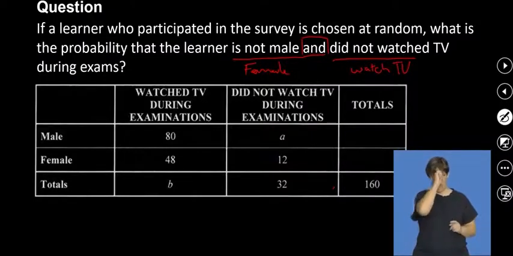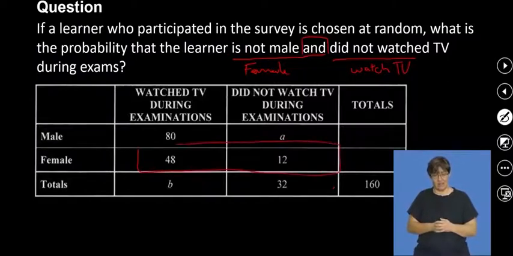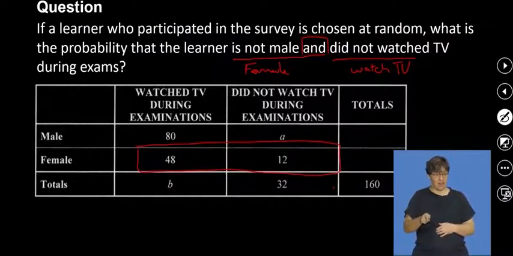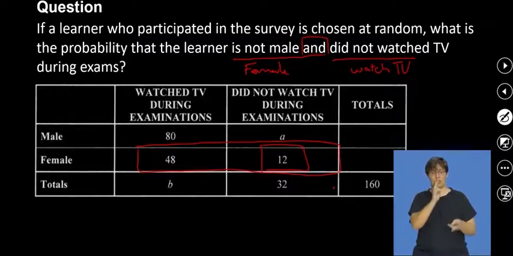So we're worried about the females. So we're worried about these ones. And if we looked at this, the females that did not watch TV, are those ones there. So these are not male and they did not watch TV. It's 12 of them, and we've isolated them exactly.